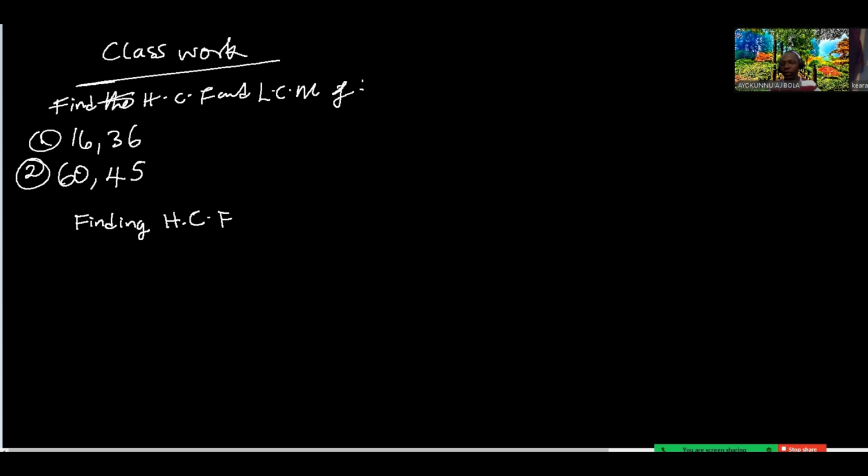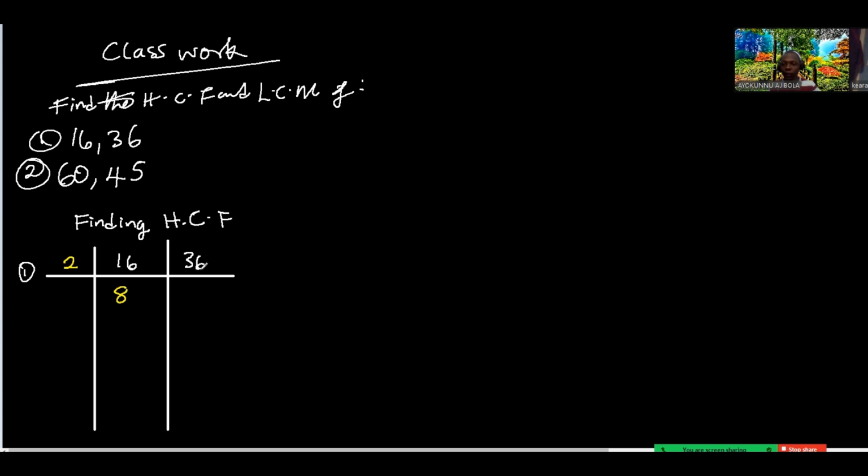So number one, I have 16 and 36. I'm going to rule the division line, which is 16 here, 36 here. So I'll start from prime number 2. 2 divided into 16 gives me 8. 2 divided into 36 gives me 18.